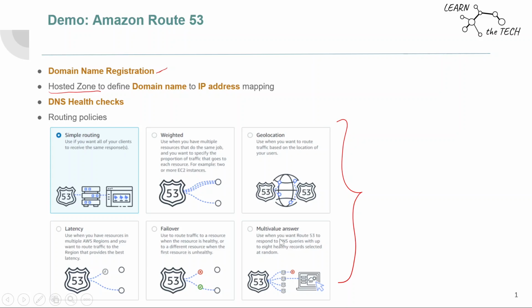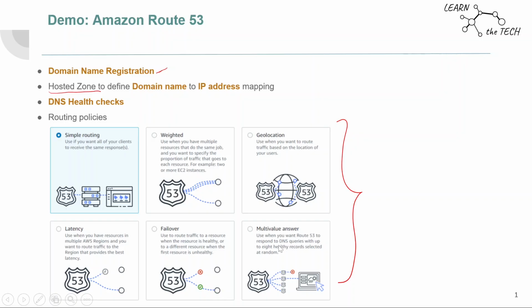And for failover and multi-value answer, it is necessary that along with this, you also use the DNS health checks, wherein the DNS health check will check whether the particular IP address is responding, particular backend server or backend site is responding or not. Only then it will resolve to that IP address.